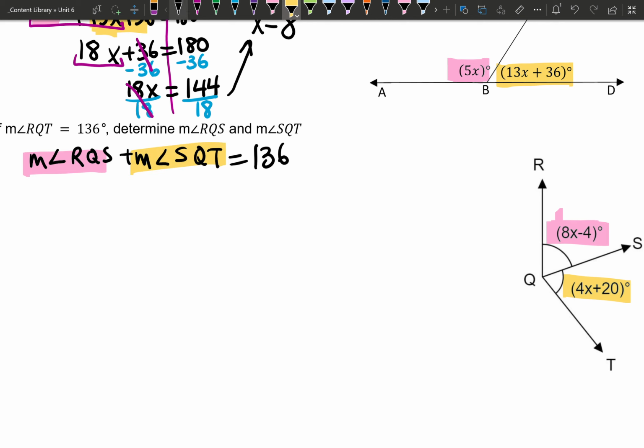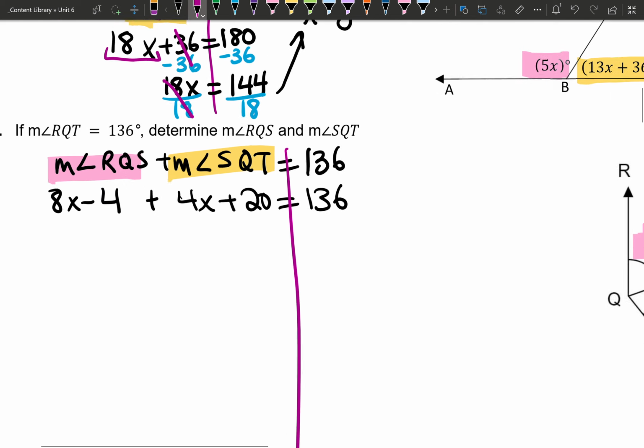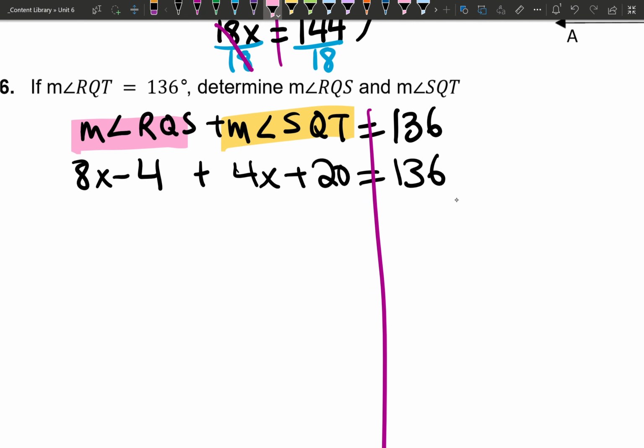Okay, let's substitute. RQS is 8x minus 4, and SQT is 4x plus 20, and that equals 136. Let's solve. The first thing that I'd like to do here is combine some like terms. Let me erase that pink that I just drew there.